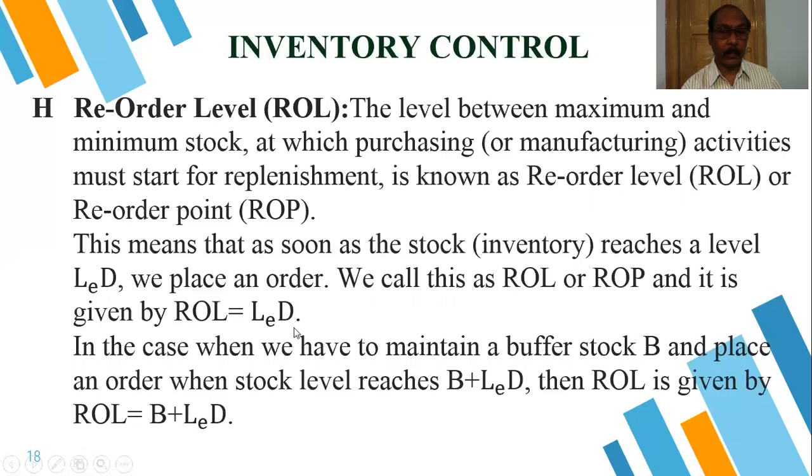So when the stock reaches ROL plus buffer, we place our order. Then ROL is given by ROL equals B plus LE D.